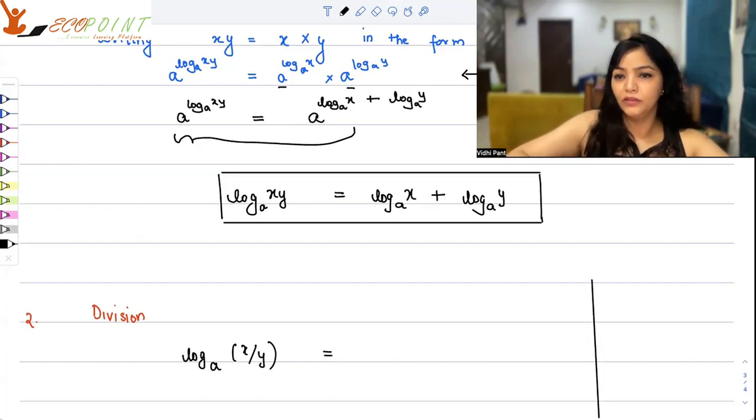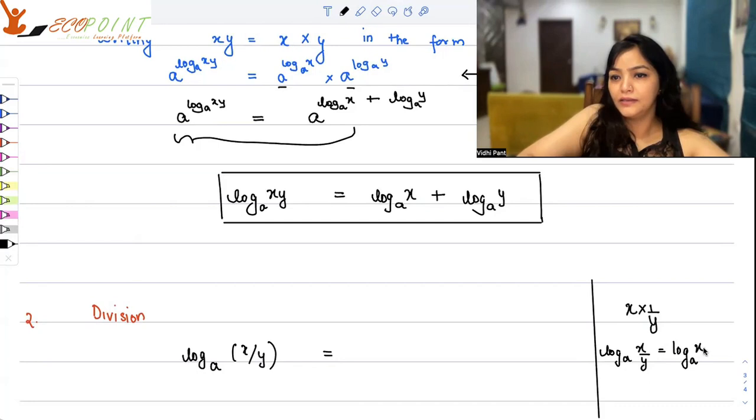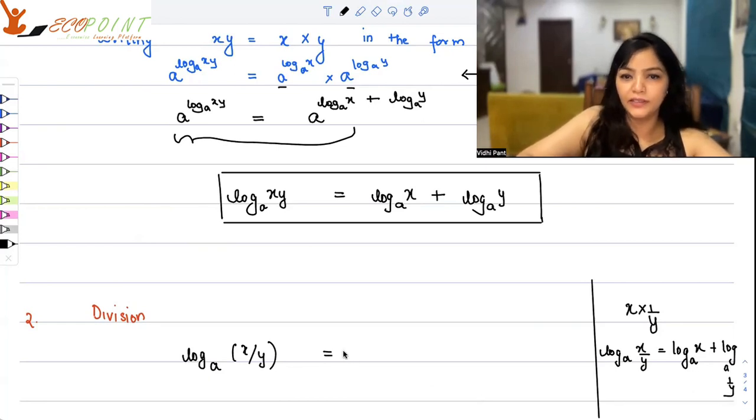So here, this is actually x into 1 upon y. So log of base a x upon y will be equal to log a x plus log a 1 upon y. So I can probably write it here itself.